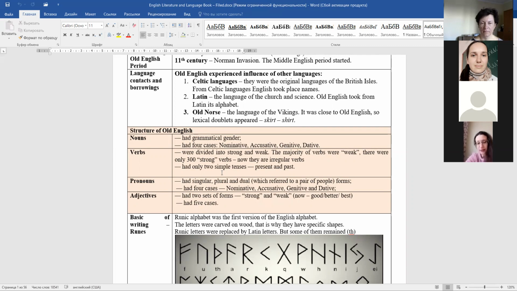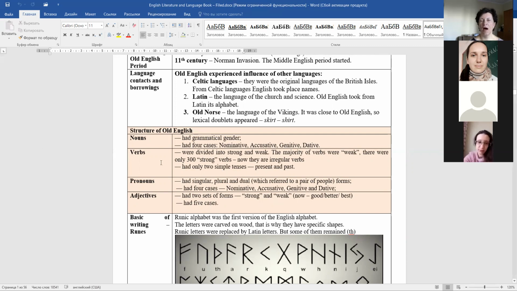Verbs had only 2 simple tenses, present and past. Pronouns had singular, plural, and dual, which referred to a pair of people, and had 4 cases: nominative, accusative, genitive, and dative. Adjectives had 2 sets of forms, strong and weak, and had 5 cases.